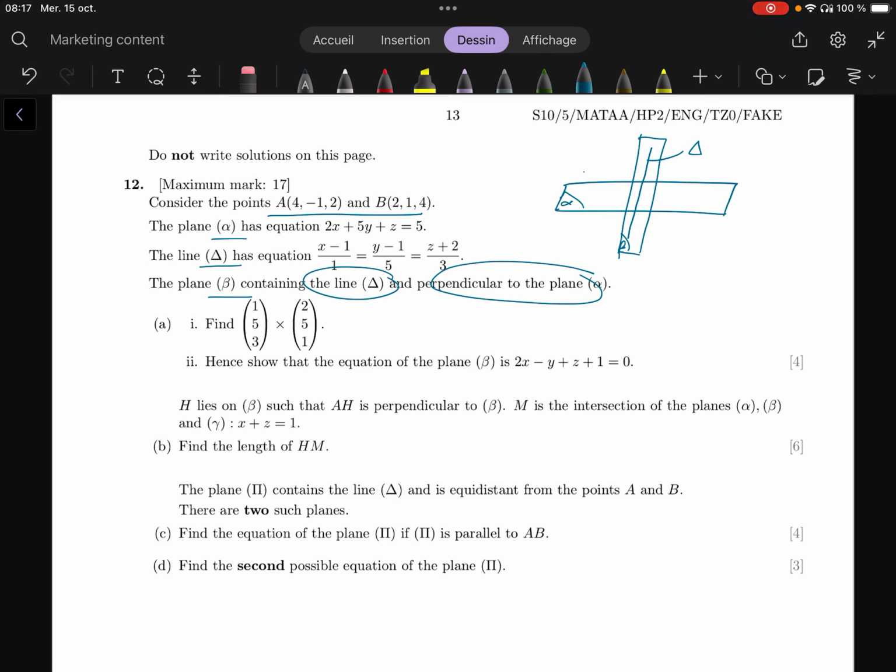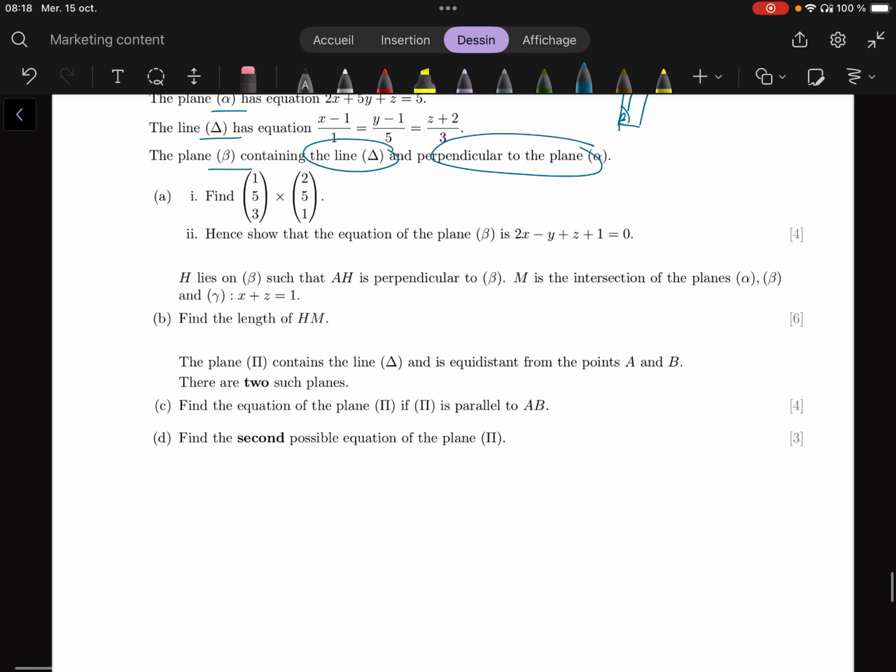Secondly, the normal to plane alpha is perpendicular to the normal of plane beta. This means that effectively the normal of the plane alpha is another vector we can use to determine the equation of the plane beta.